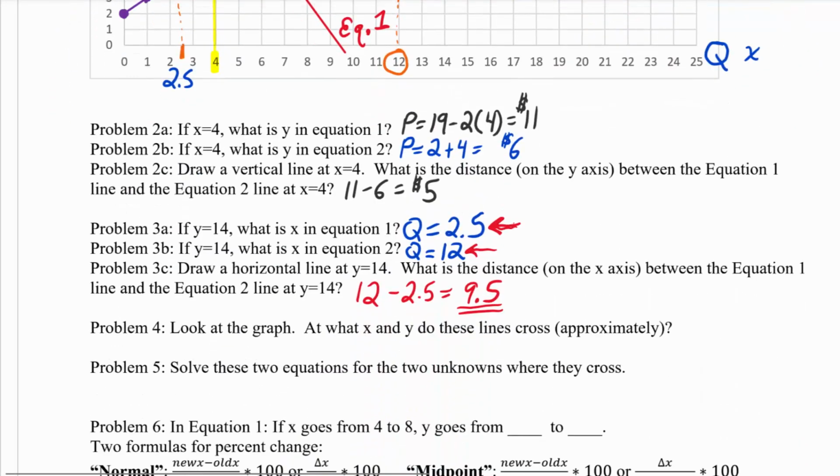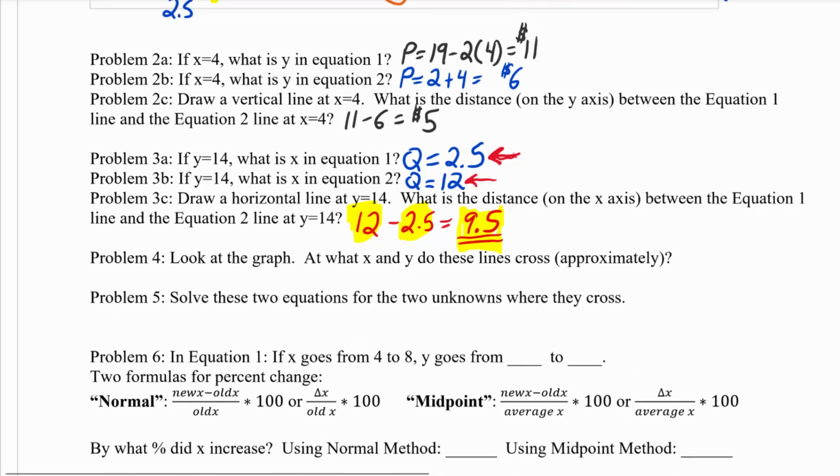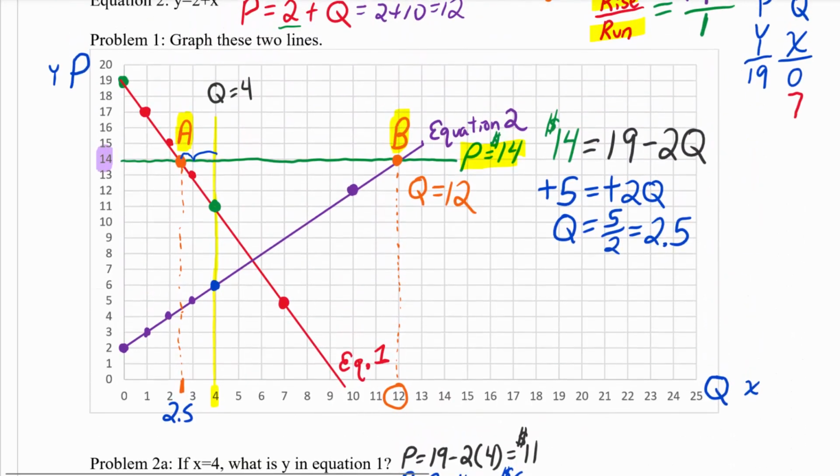Now, if we're producing 12 million units and people are only purchasing 2.5 million units, that means we're going to have 9.5 million that we're not going to be able to sell. And that might be a big problem. So this is giving you some intuition, just some initial practice of some of the kinds of ways we're going to use mathematics and graphing, always thinking about what everything means in a graph.